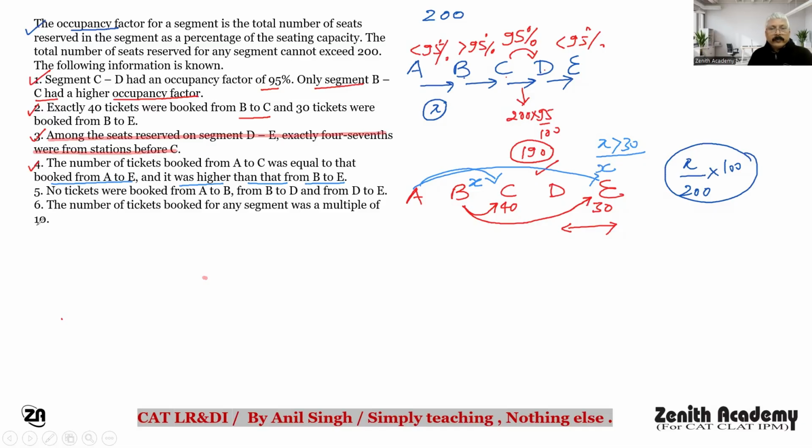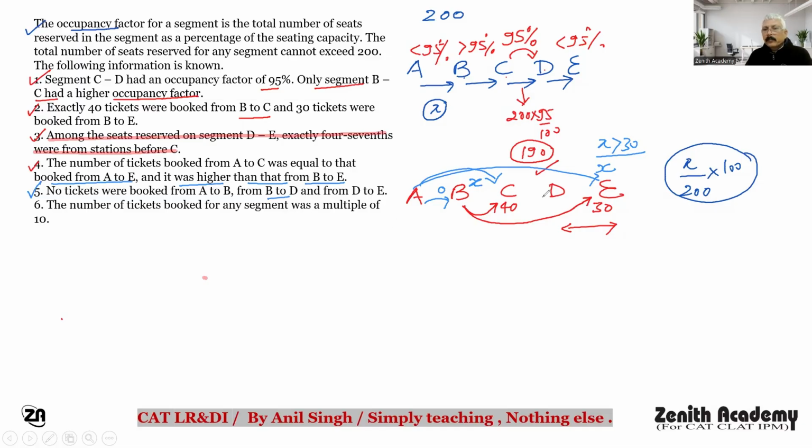Now see point number 5. No tickets were booked from A to B, so A to B is 0.